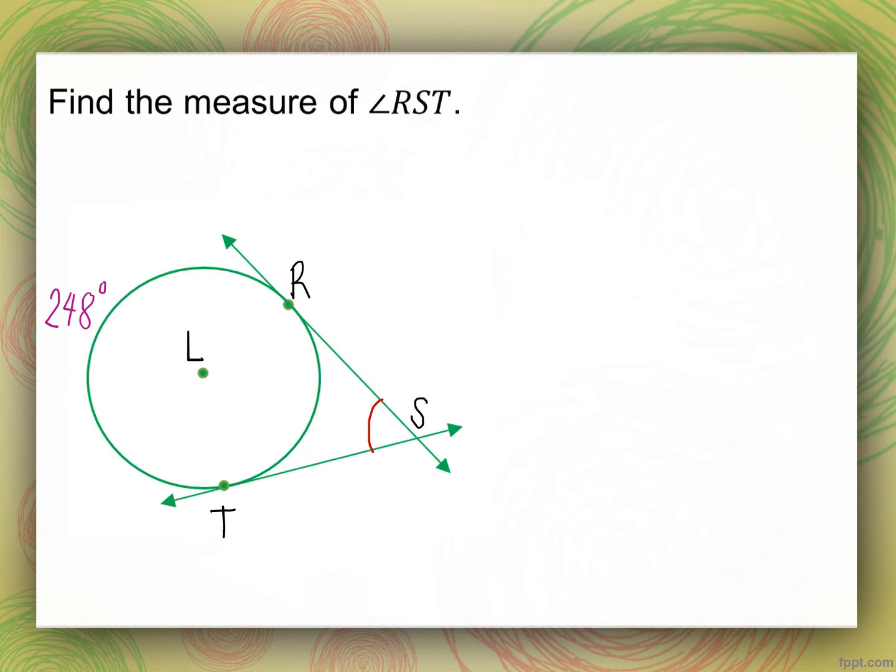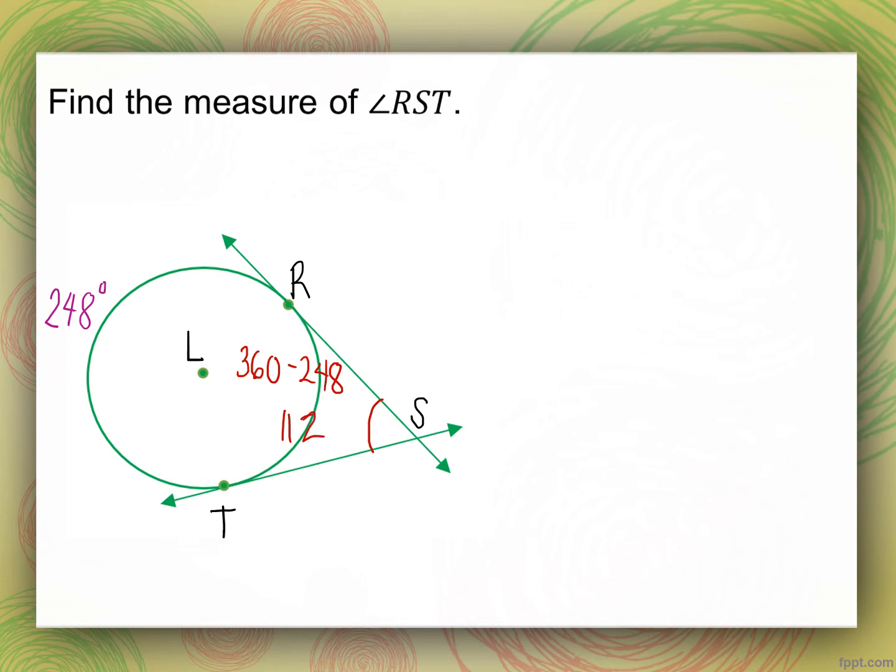So to solve for angle RST, we need to have the measure of the minor arc RT, the smaller one. Since a full circle is 360 degrees, to solve for the other arc, just do 360 minus 248, and that would be 112.